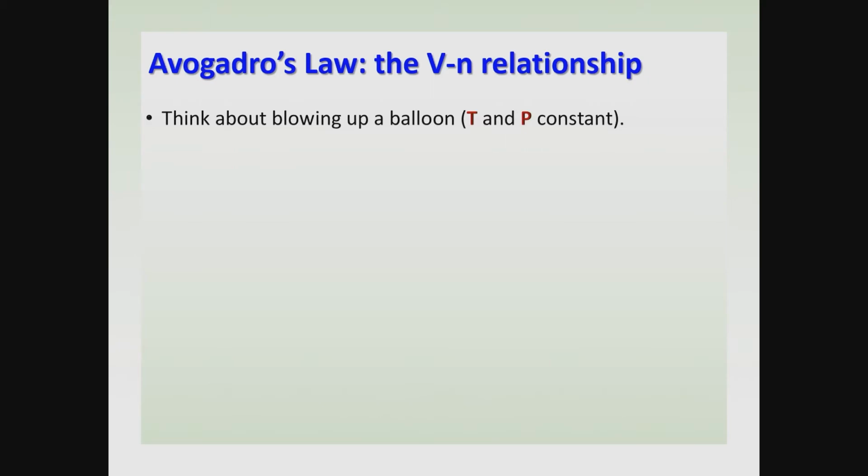And you know that when the moles of air in that balloon increase, the volume also increases. This will happen as long as the temperature is kept constant and the pressure remains constant.